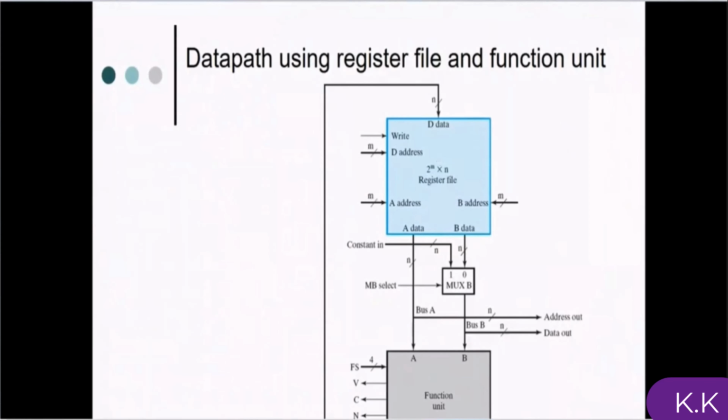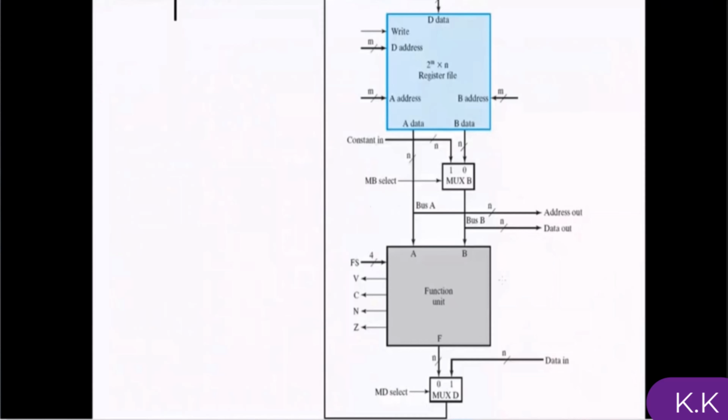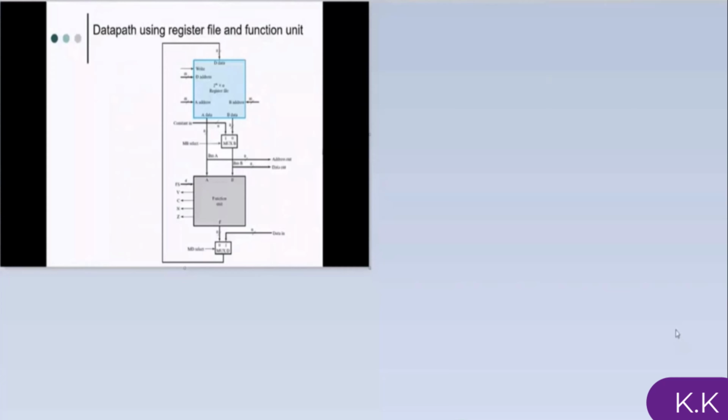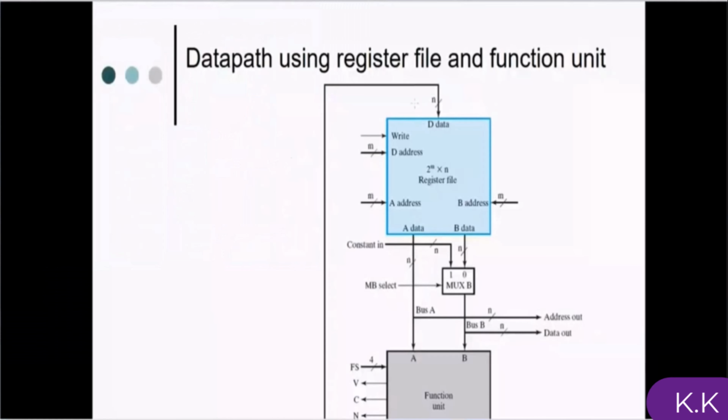As you can see, by using the register file, the complexity of the circuit is reduced and it can now be extended to any number of registers. For example, 32 registers. If you have 32 registers or 8 registers, there isn't any difference in the shape of the diagram.